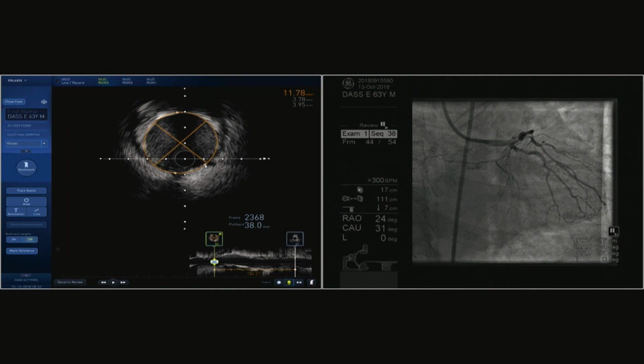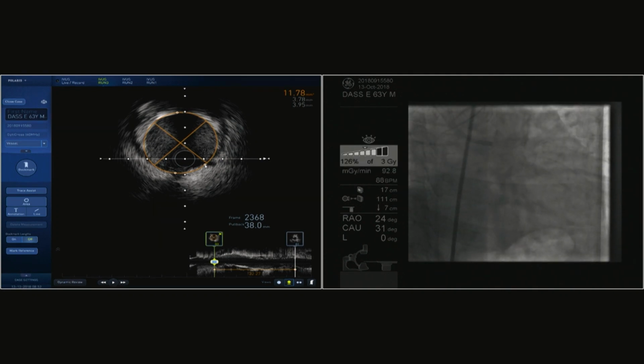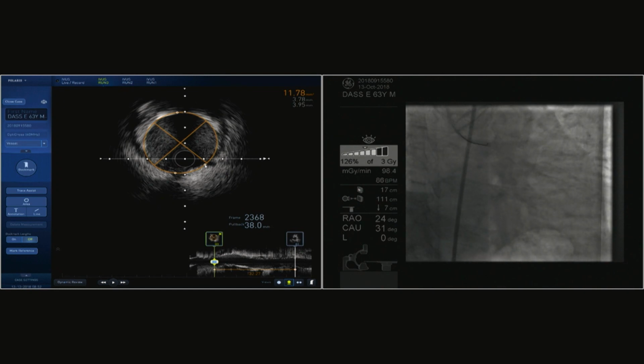Yeah, after this IVUS, he made another dilatation for the distal left main to proximal LAD. So this IVUS image is immediately before the second post dilation. And of course, around this is the left main, minimum lumen area is about 11.78.